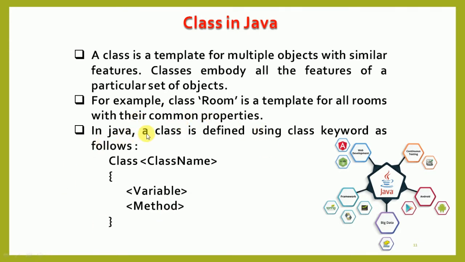In Java, a class is defined by using the class keyword as follows. First of all you write class and then the class name. Here we select the class name, that is Room. So class space Room, and then you start writing your Java source code. Start the curly bracket, define the different data types and variables, add the different methods and close the program.